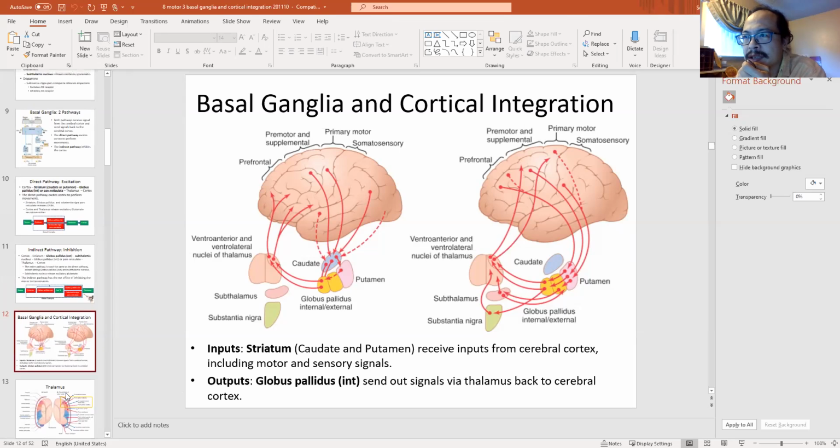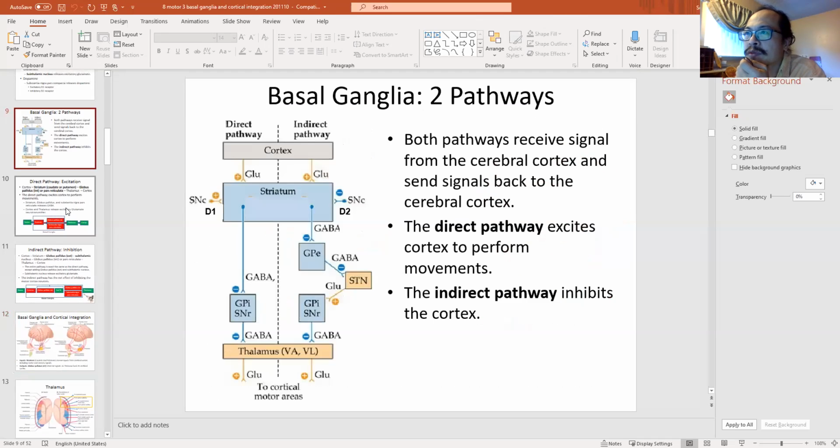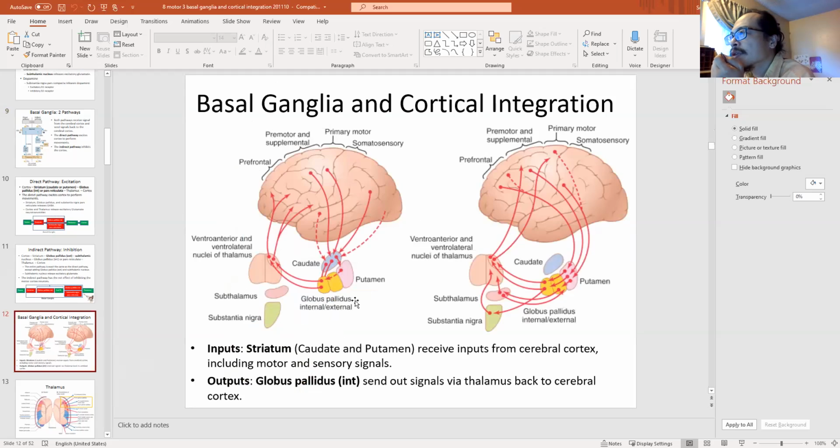We can summarize it as the direct pathway and indirect pathway. So that's that. Even though this circuit is complicated, it's more like the real world, which is complicated.